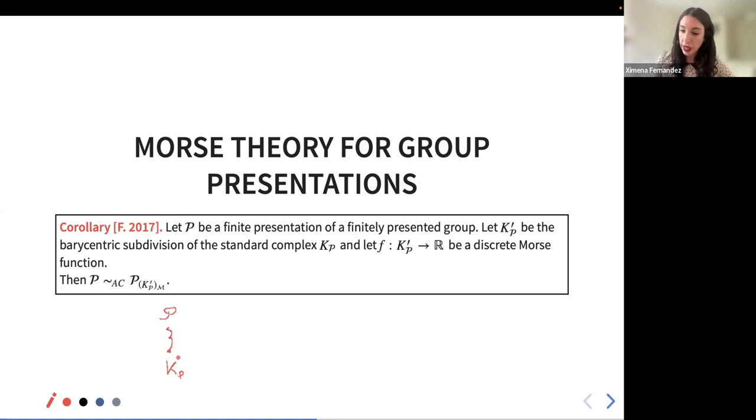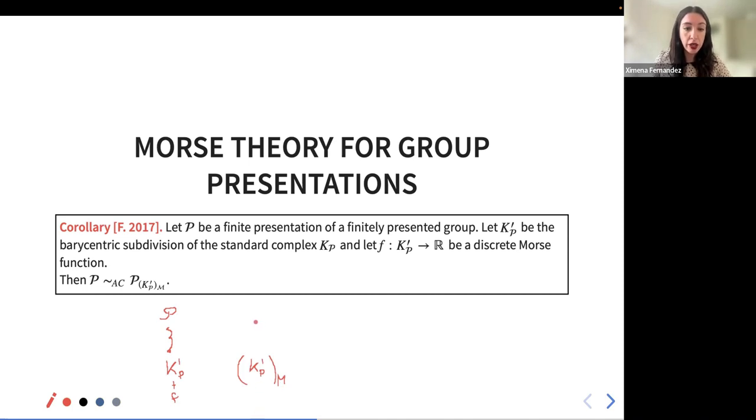Now, I cannot apply Morse theory to this complex because it's not regular, but you can subdivide it. You compute the barycentric subdivision, and it is now regular. Then compute some Morse function on top of this complex. And once you have a Morse function, we have a tool that tells you how you can simplify it and compute the Morse CW-complex.